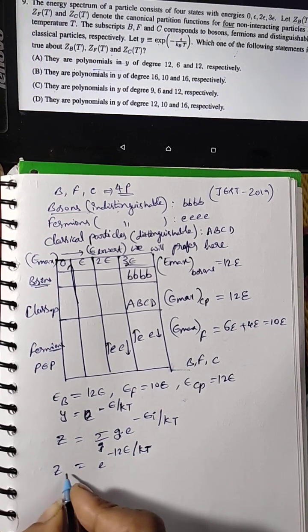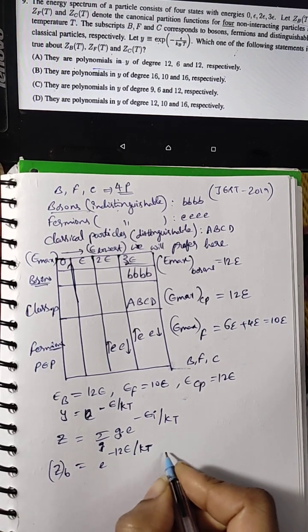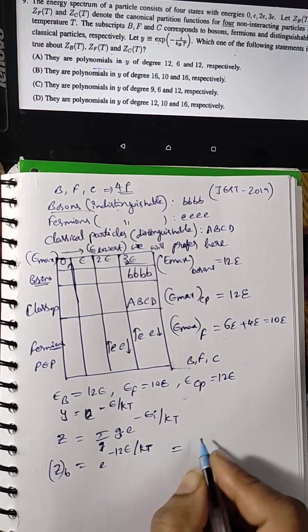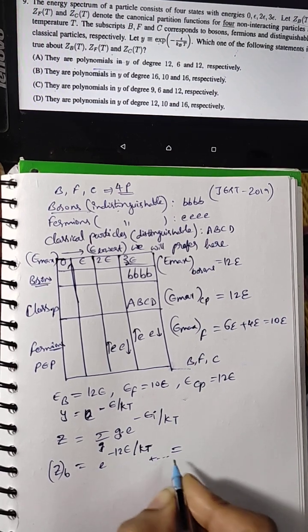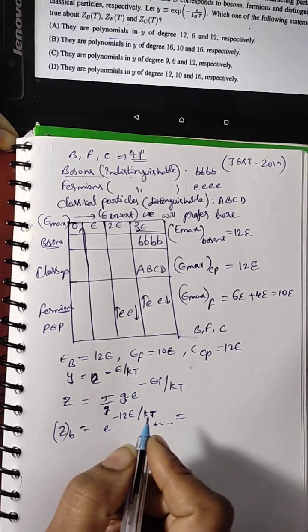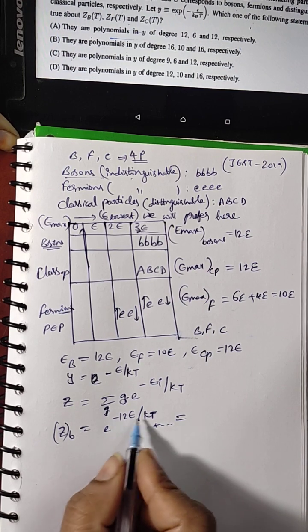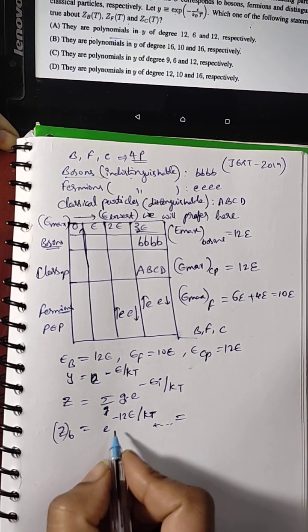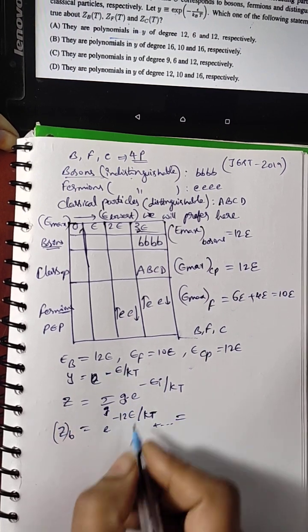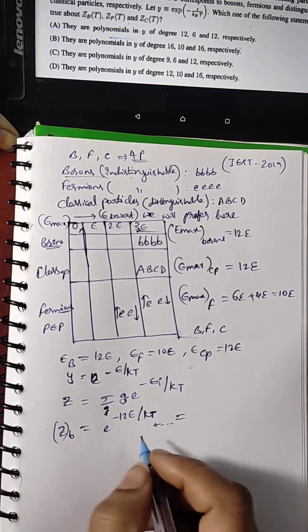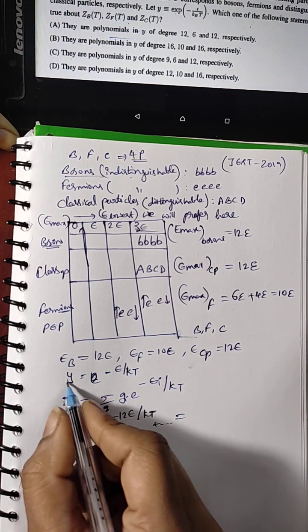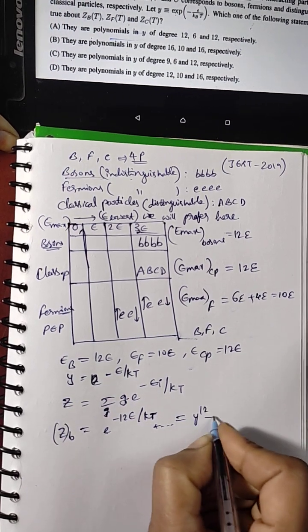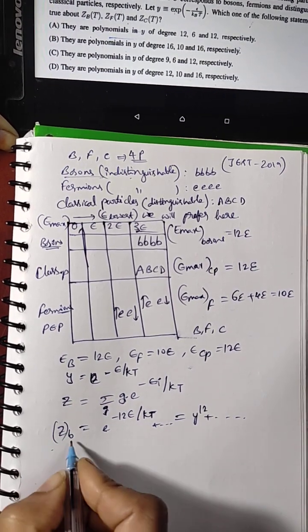For bosons, e power minus 12E by kT, and when we compare with y, in place of e power minus E by kT we can write y, so it is y power 12, and so on, for boson.